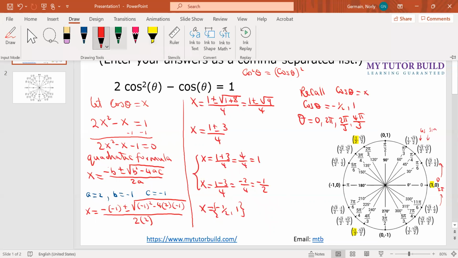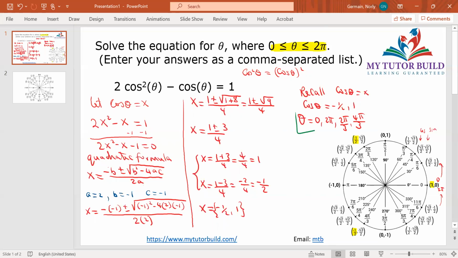That's what we were looking for when they ask you to solve trigonometric equations. We need to identify for which angle cos or sine equals that value. Because we do it for only one revolution, 2 pi, we need to stick with these answers only.